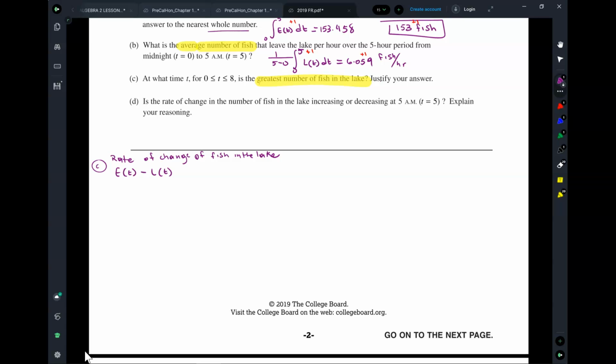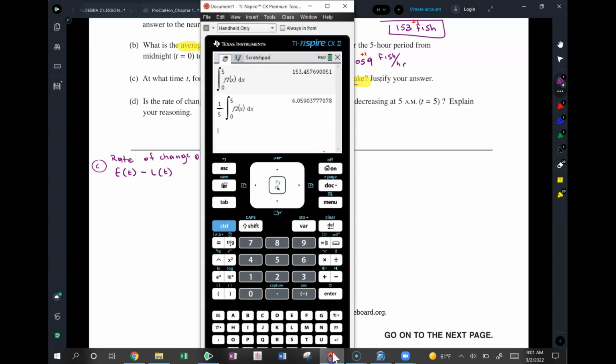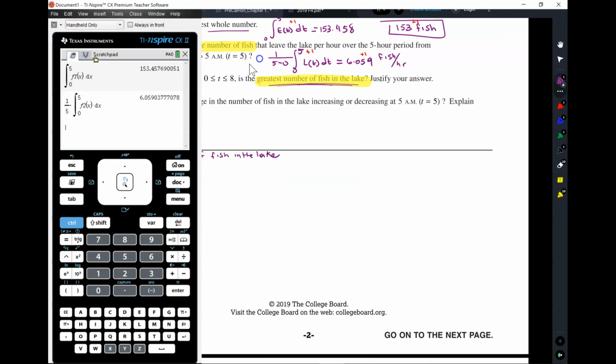Now, what we want is the greatest number of fish in the lake. All right? So what we want to do is, when is there more fish in the lake? So let's see what we're going to do here. Let's look at the graph.